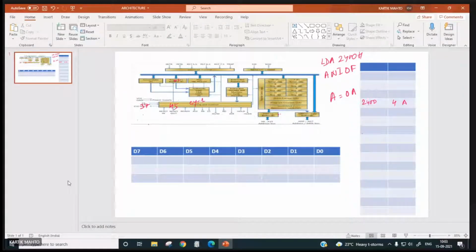And if you do LDA 2401H, with 4A... and ANI F0, what will be the accumulator content? 40. Now, right, so this is used for isolating the nibbles.